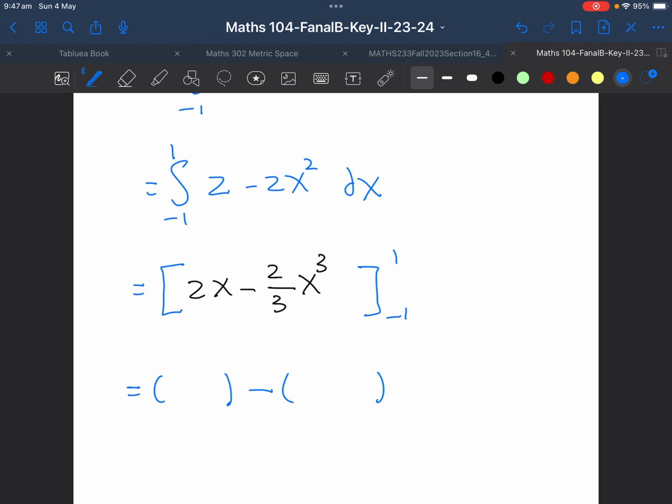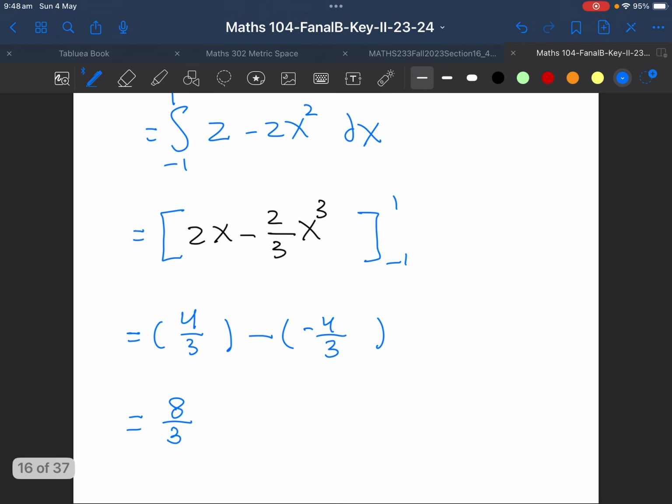The first number you will get is 4/3, and the second number you will get is also 4/3, so if we do everything in the calculator, the final answer is 8/3.